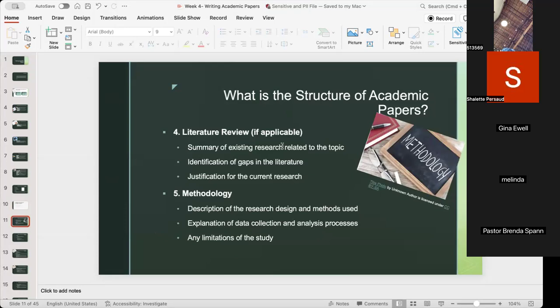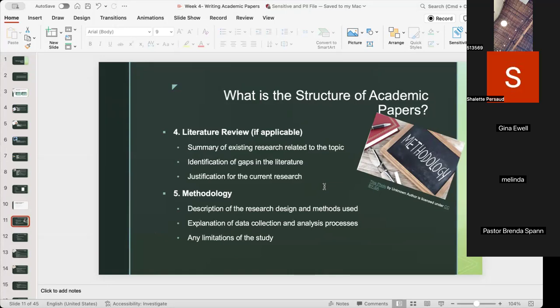Okay, some academic papers include literature reviews, not all of them, but a literature review is a summary of the research that you've done on this topic, whatever the topic might be.